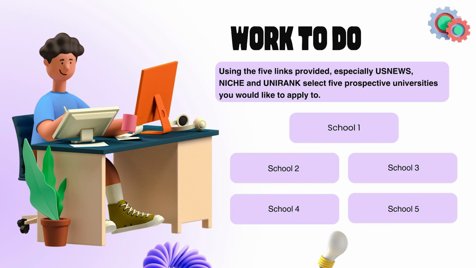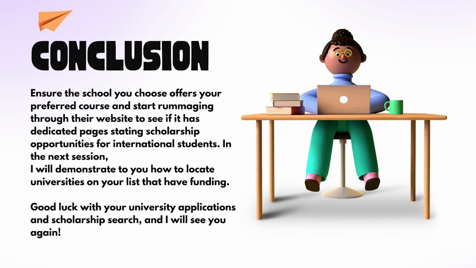So using those links that I have provided, select 5 prospective universities you would like to apply to. Just 5 of them. Let's conclude this way, guys. Ensure the school you choose offers your preferred course and start rummaging through their website to see if they have dedicated pages stating particularly that they have scholarship opportunities for international students.